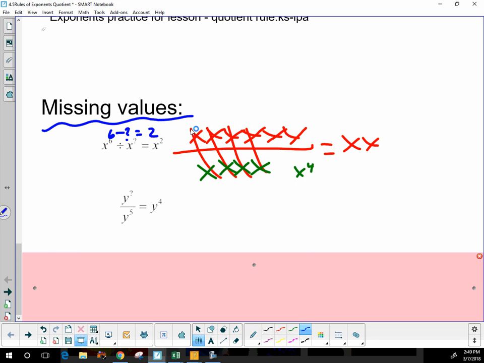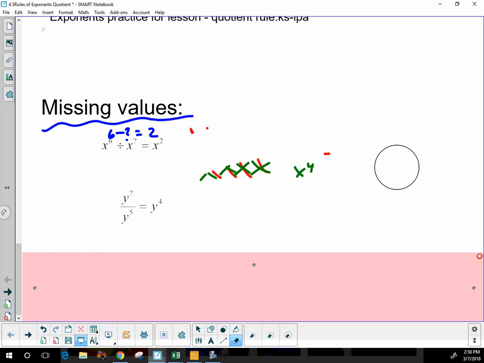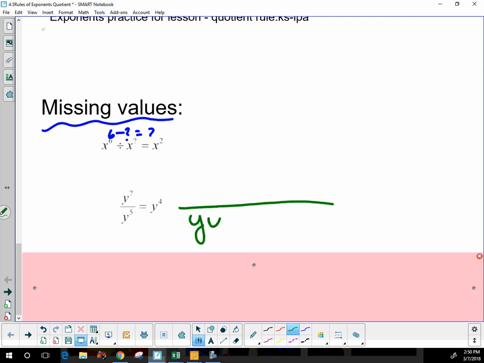Aha! So now the missing value comes first. So again, you can try to figure out how many are left. It is a whole number, so you know the extras are going to be on the top. Okay? So you know you have 5 on the bottom, and you're going to have 4 left over up on top.